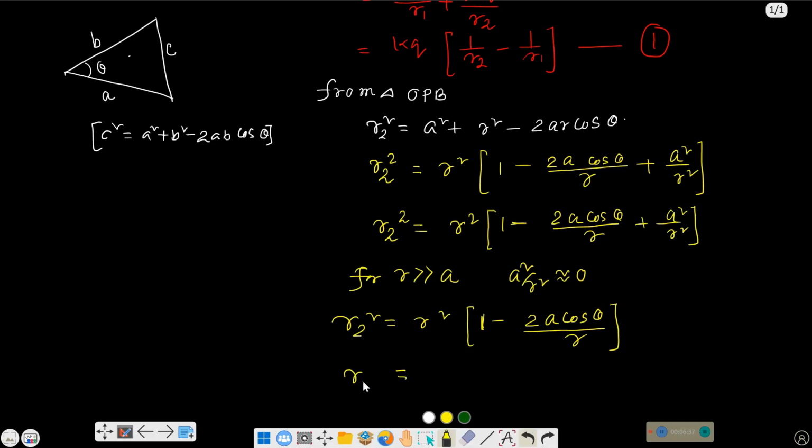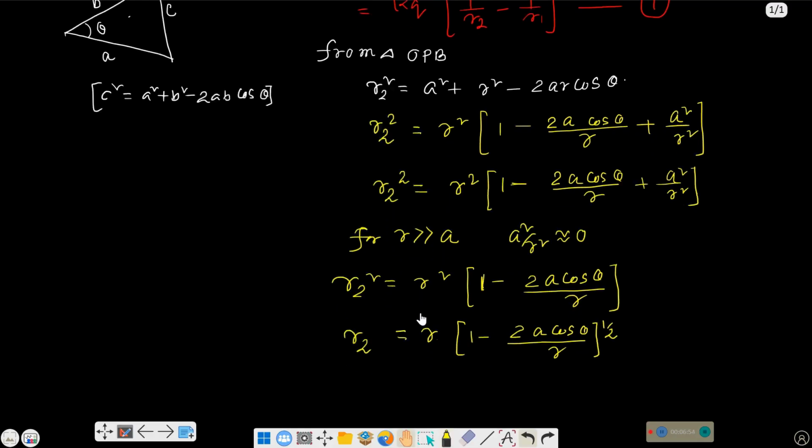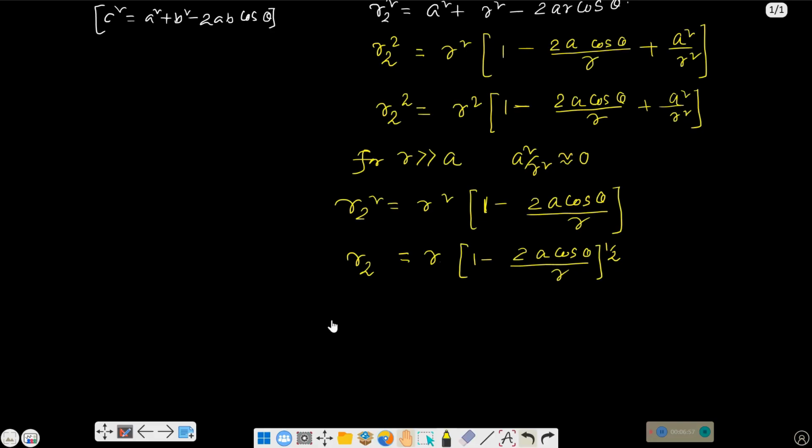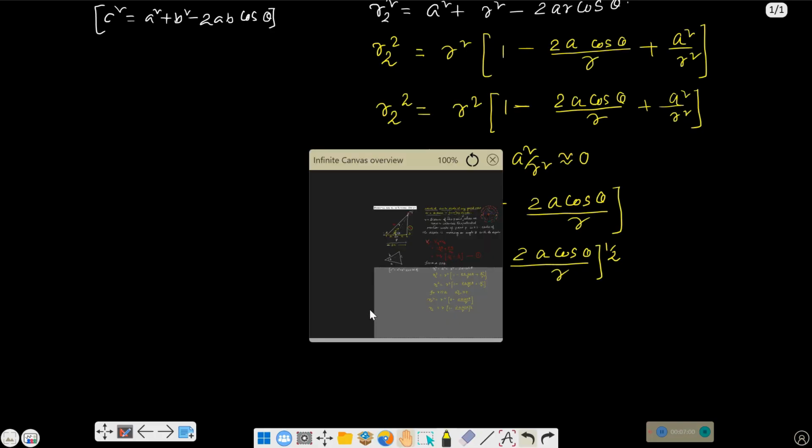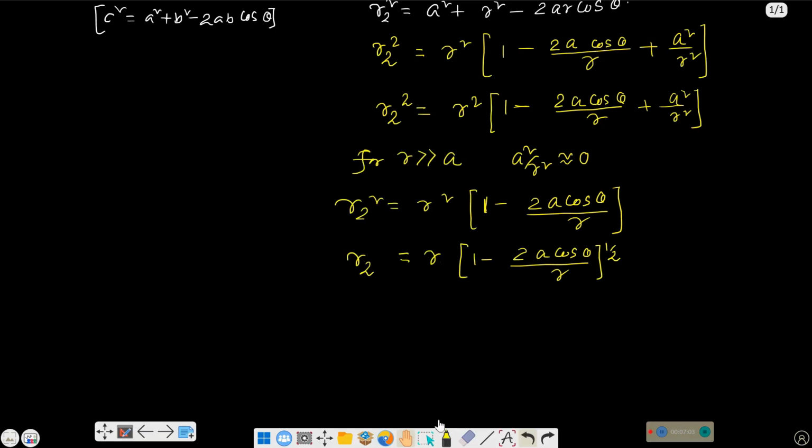So the value of r2 will be r into 1 minus twice a cos theta by r to the power half, right? And the value of 1 by r2 will be 1 by r times 1 minus twice a cos theta by r to the power minus half, right?